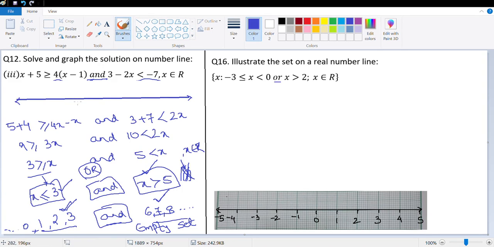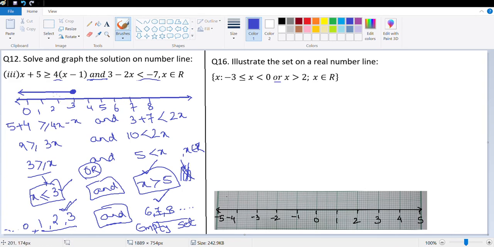So this is 3, 2, 1, 0 and 4, 5, 6, 7, 8. My solution would have looked like any number which is less than or equal to 3, which means a filled circle here because it's equal to 3, and since it belongs to the real numbers, going anywhere in this direction is a solution set.